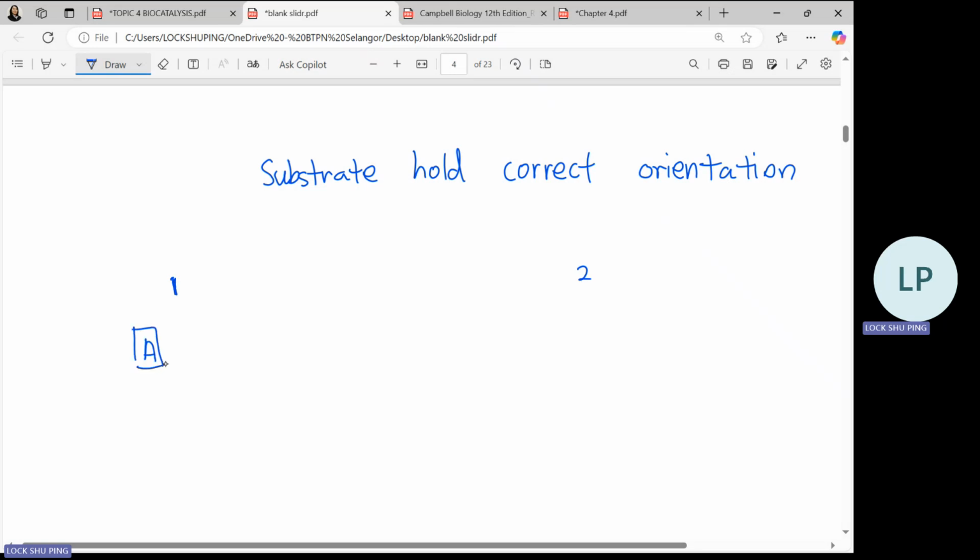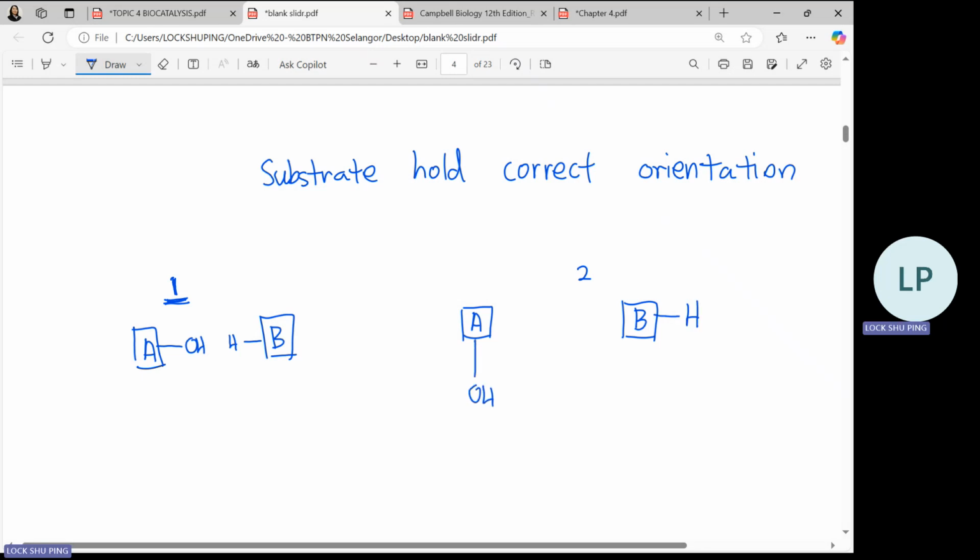When I have substrates A and B, I need to form a covalent bond, and a covalent bond is normally formed between the hydrogen and the hydroxyl group. So in the first situation I have the orientation arranged like this, and in the second situation the substrate is holding the hydroxyl group and the hydrogen like this.